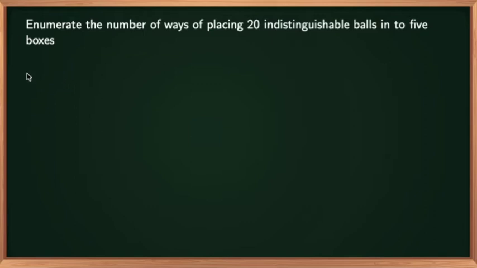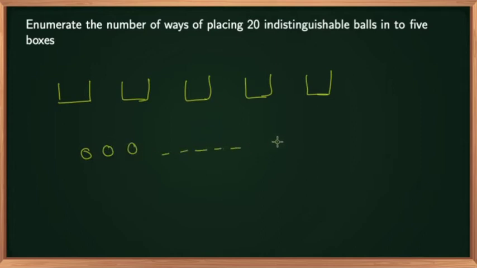Let us assume there are 5 boxes, so we have 1, 2, 3, 4 and 5 boxes. Now 20 indistinguishable balls are there, which means I can assume there are 20 balls, let us say 1 to 20 balls, and they are indistinguishable.